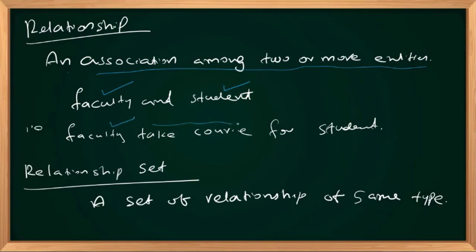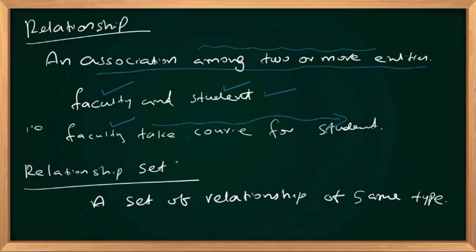Faculty take courses for students. That is the relation between them. So a relation is an association among two or more entities, for example, faculty and students.